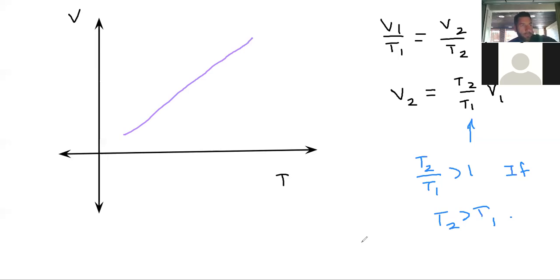So when we say that they're proportional, what that means in a math sense is that there's a linear relationship. Now, of course, don't forget this is all under controlled conditions.